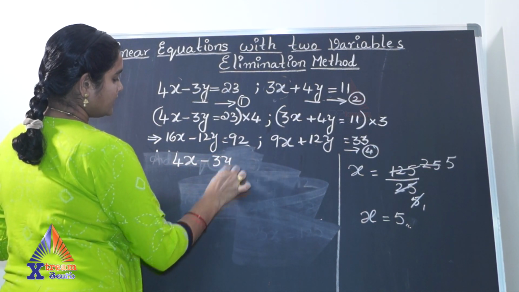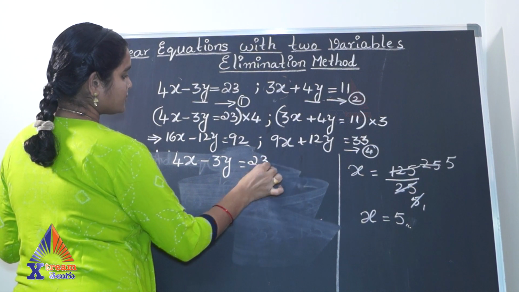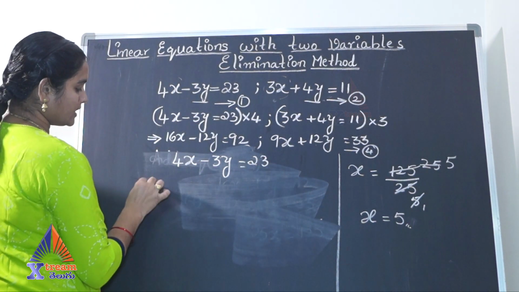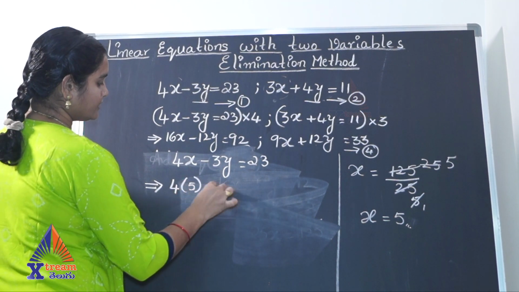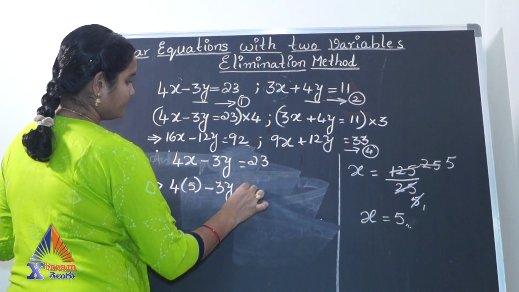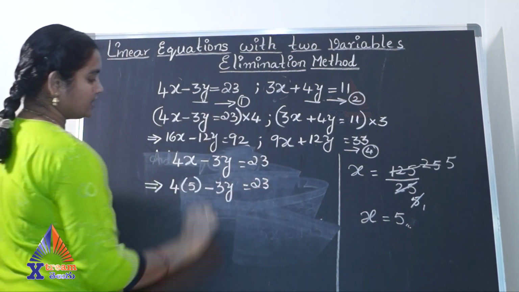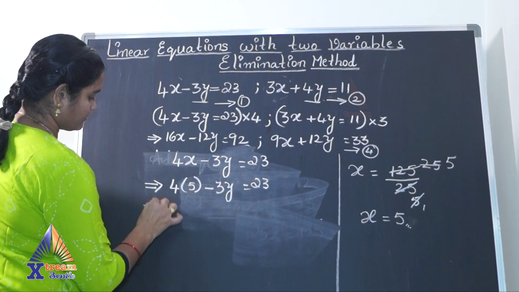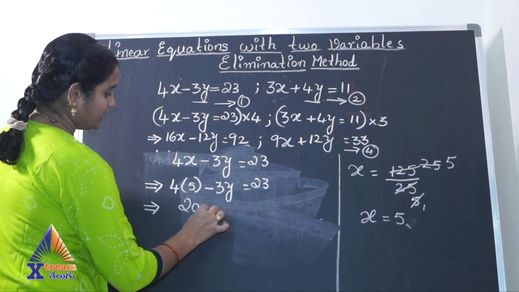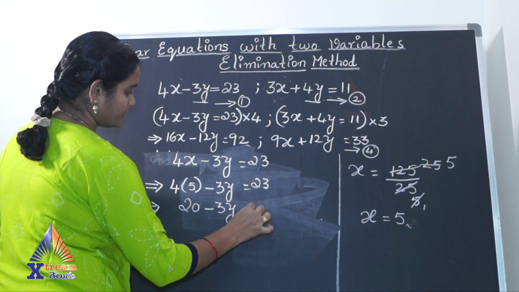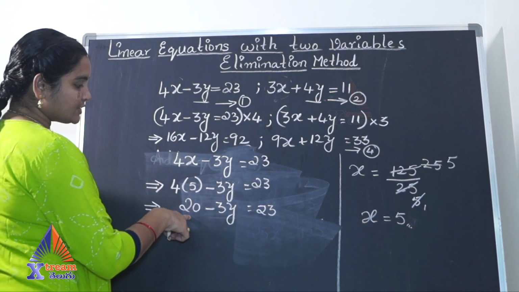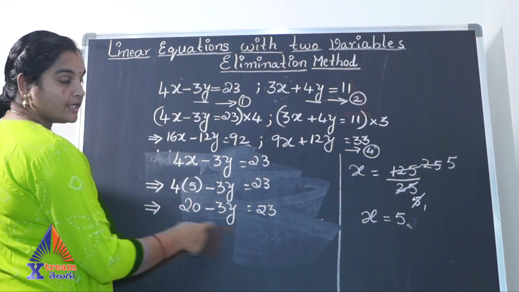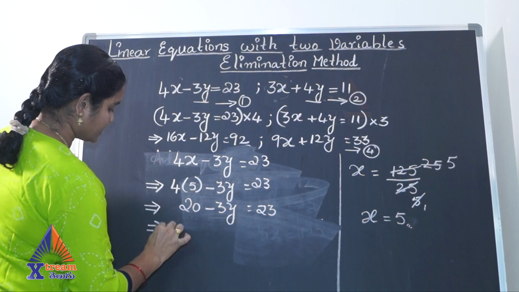4x minus 3y is equal to 23. Substitute x over here. 4 into 5 minus 3y is equal to 23. So we get 20 minus 3y is equal to 23. Now send this 20 to that side. Plus 20 going to the other side becomes minus 20.